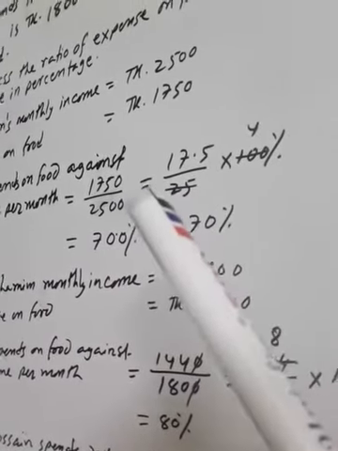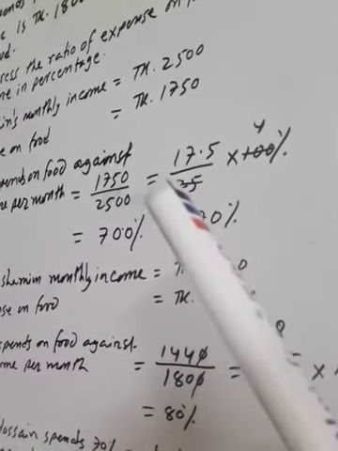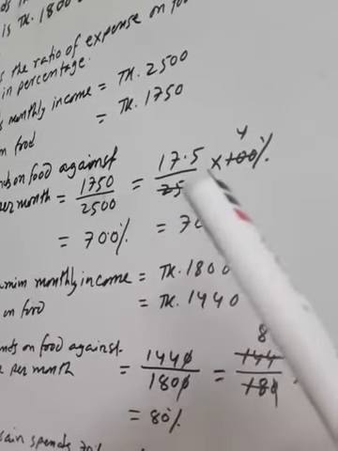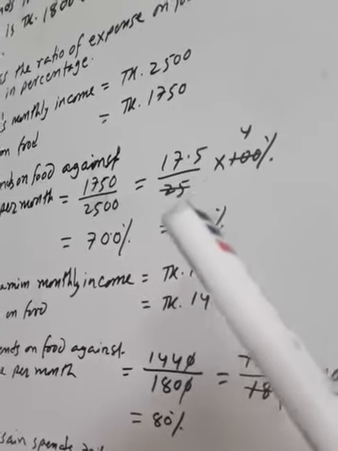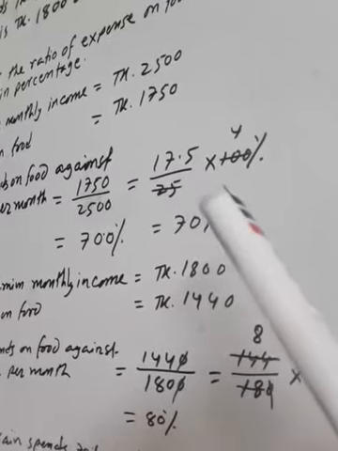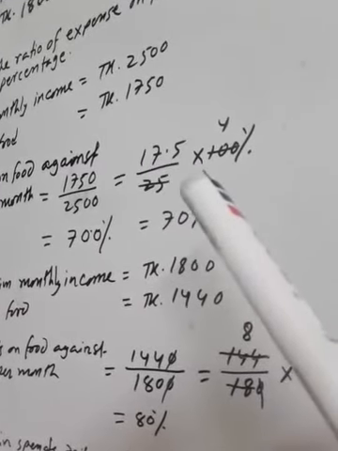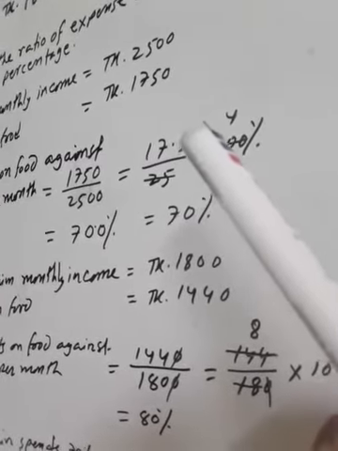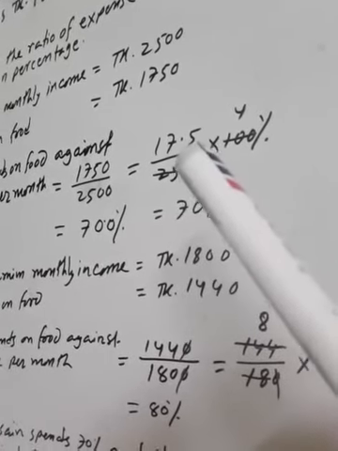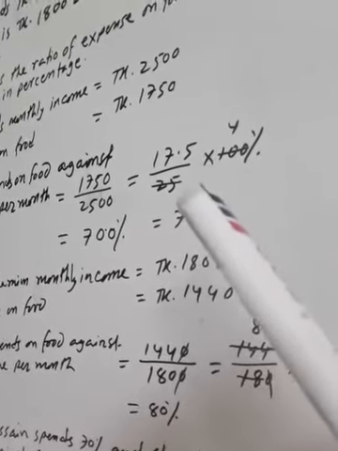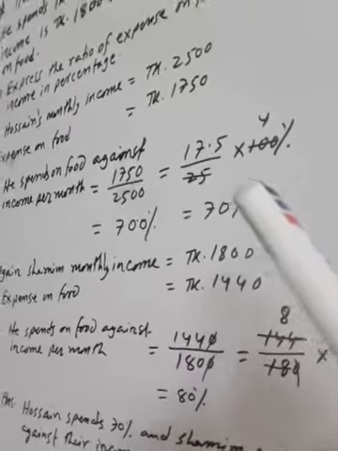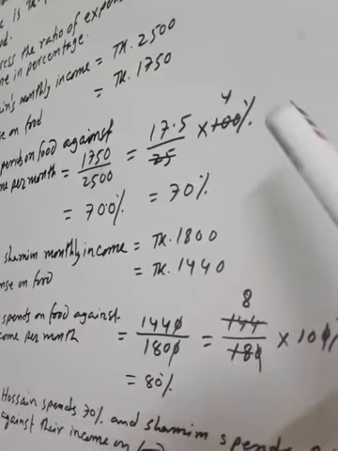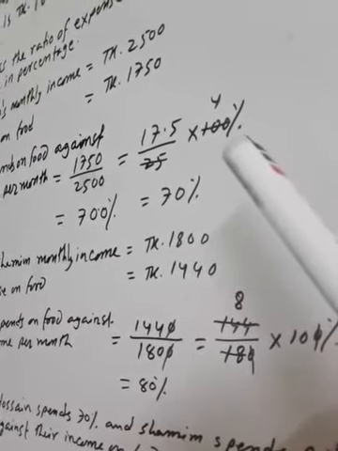If we cut this 0 and this 0, then 175 by 250. If we remove 10 from here, there will be one decimal. It means 17.5 by 25. And if we use the percentage sign, we have to multiply by 100%.